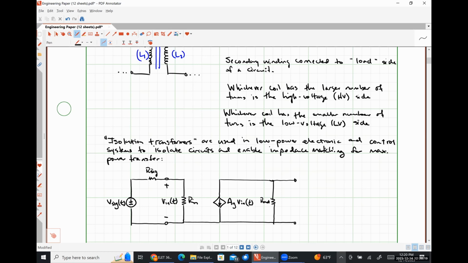And then even further to the right, we might finally have our transformer. Let's assume an ideal transformer.